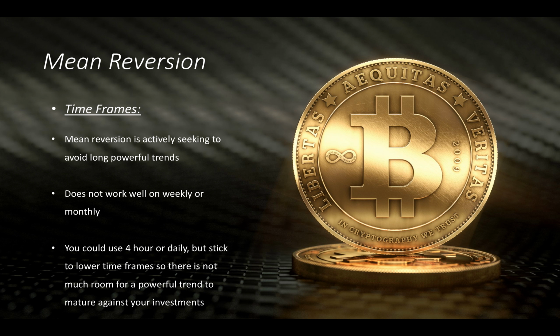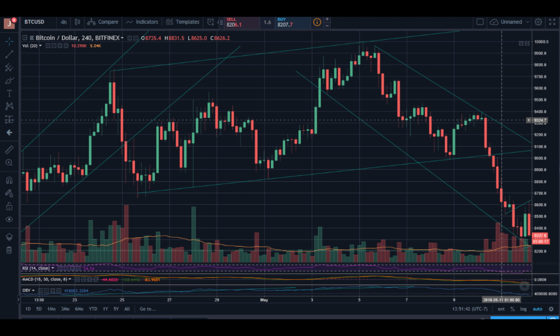Some of the main points: it doesn't really work well on a weekly or monthly basis. Like I said, it's usually either day-to-day or long-term. You can use the 4 hour or daily, but stick to lower time frames, so there isn't much room for the trends to take way off, or go way too low and cut your losses. I can go over this chart as well.